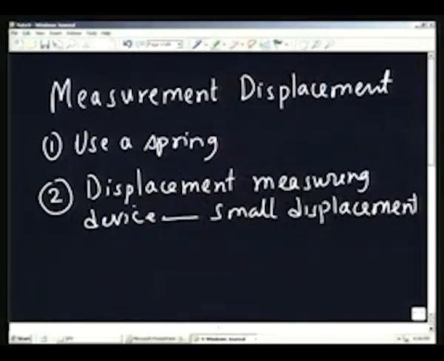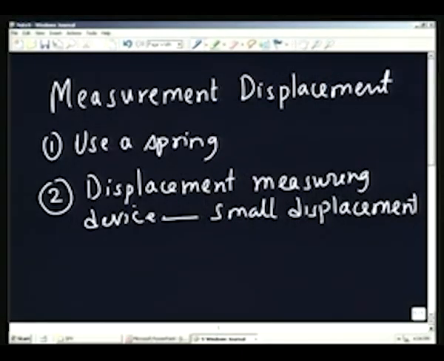Elasticity is what gives rise to a spring, because once you remove the force, it goes back to its original position. So, elasticity means the displacement vanishes when the force is removed. When the force is brought back, it is going to displace. So, the relation between displacement and force is one to one. Generally, small displacements are required.